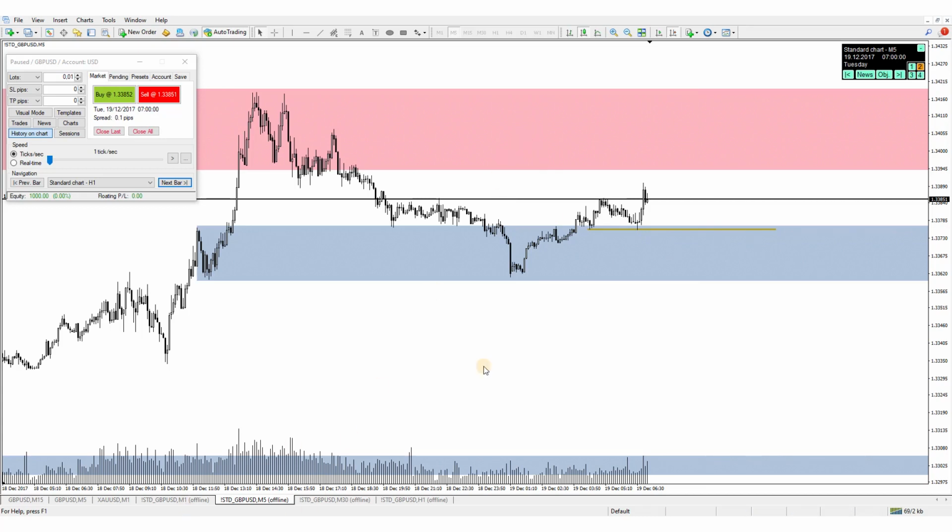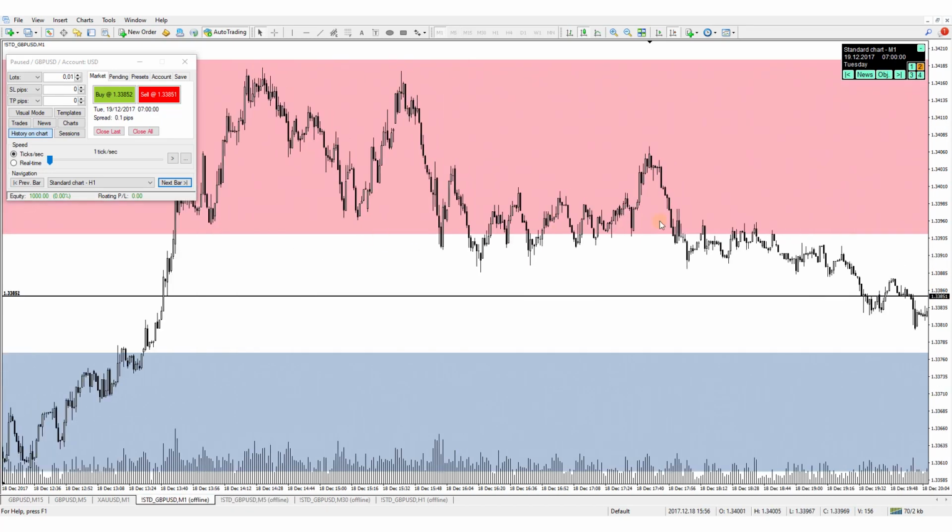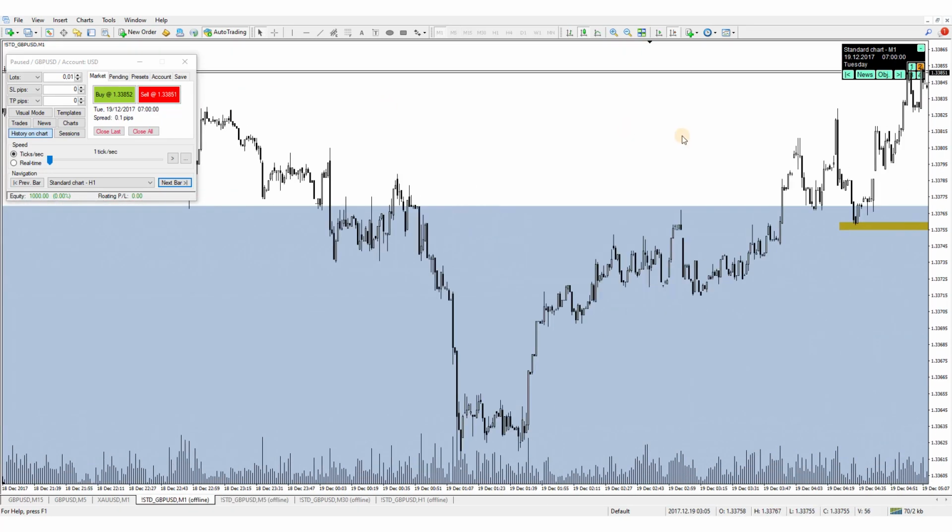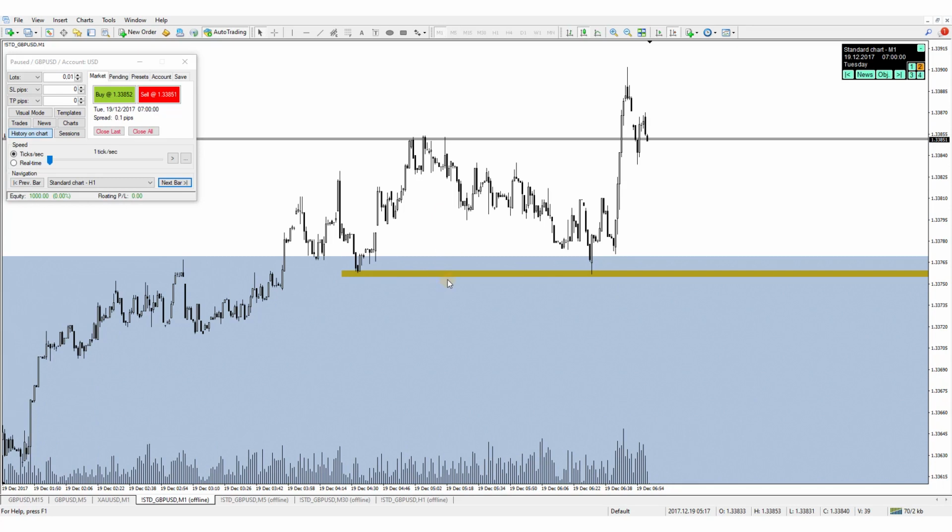Let's go to the M1. I just want to copy this price level as well. And what we have.